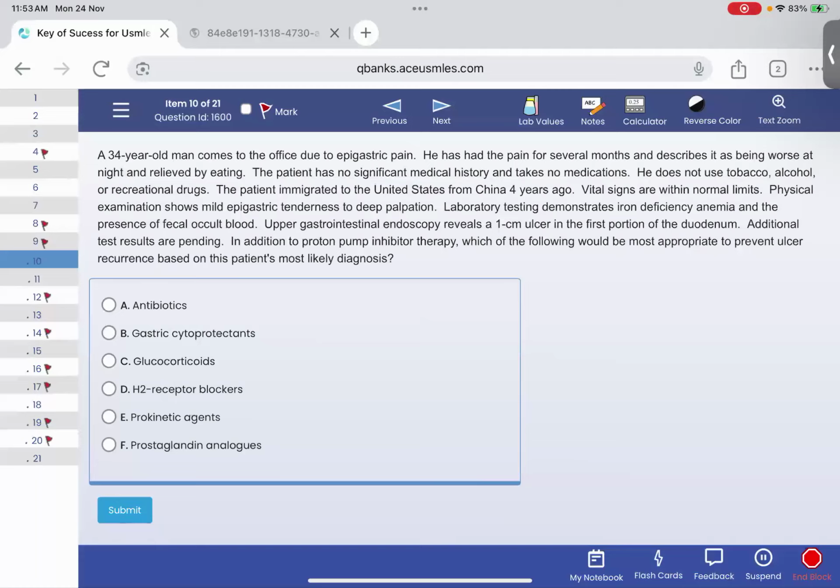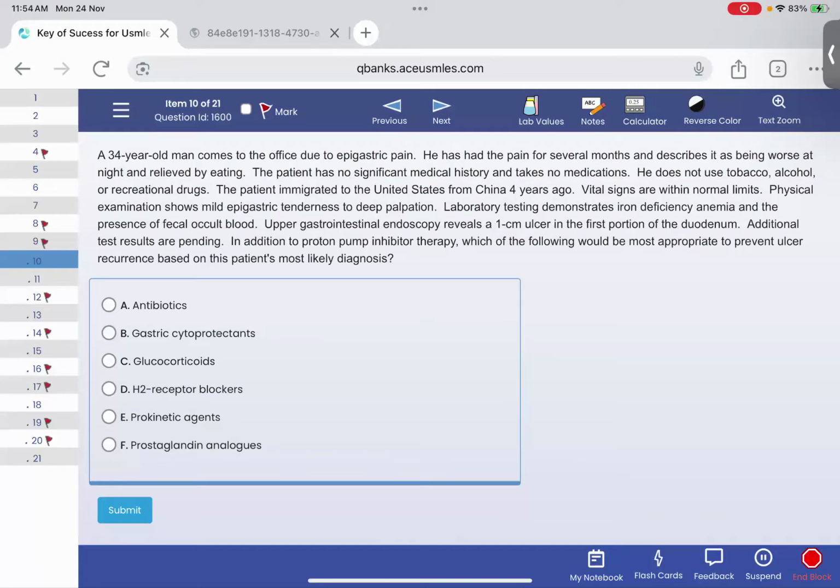Which of the following would be most appropriate to prevent ulcer recurrence based on this patient's most likely diagnosis? A 34-year-old man comes to the office due to epigastric pain. He has had the pain for several months and describes it being worse at night and relieved by eating. The patient has no significant medical history and takes no medications. He doesn't use tobacco, alcohol, or recreational drugs. The patient immigrated to the United States from China 4 years ago.